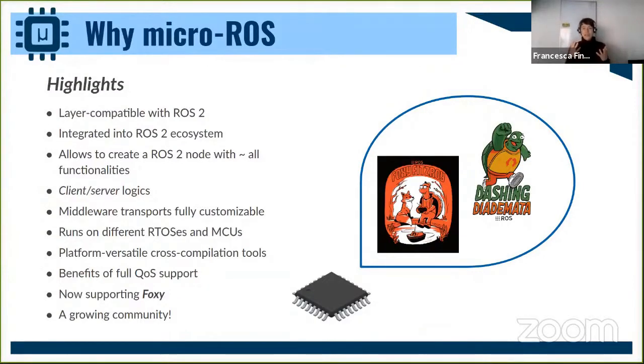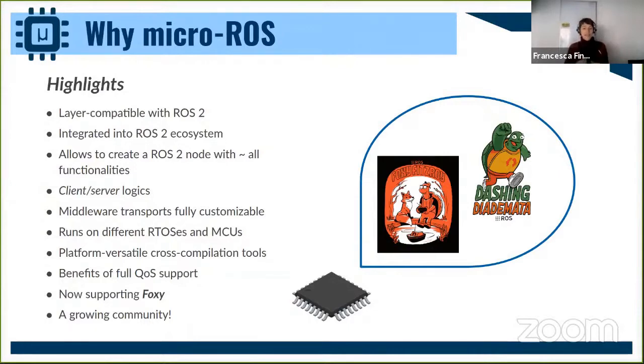First of all, it has been designed to have an architecture which is layer by layer compatible with that of ROS2, which ensures modularity and also interoperability with the ROS2 ecosystem. Also, as I was saying before, it allows creating an embedded node provided with most of the key functionalities of a standard ROS2 node.